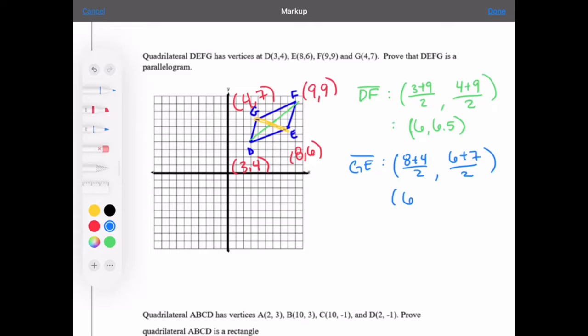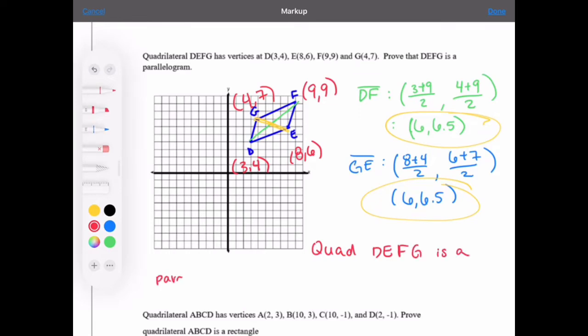And we end up with 6, 6.5, which, like we said, is the same as our other diagonal, which means that they do bisect each other. So, all we have to do now is write it out. Quadrilateral DEFG is a parallelogram. And we said it is because the diagonals bisect each other.